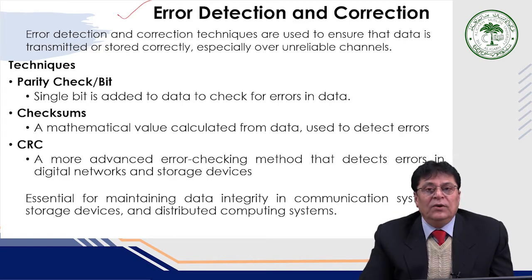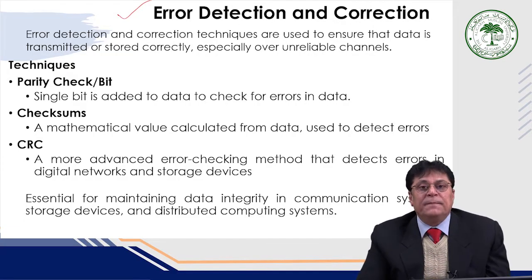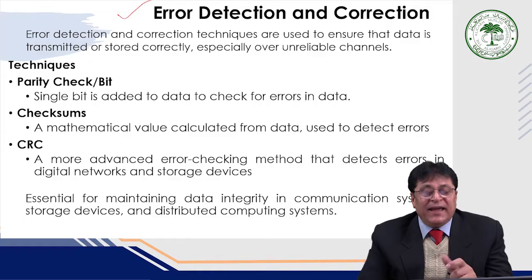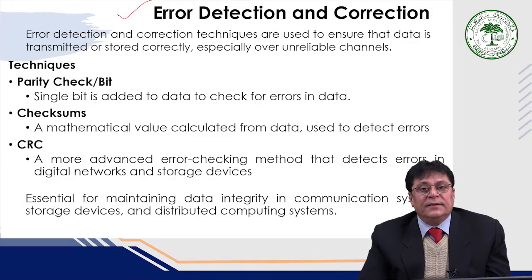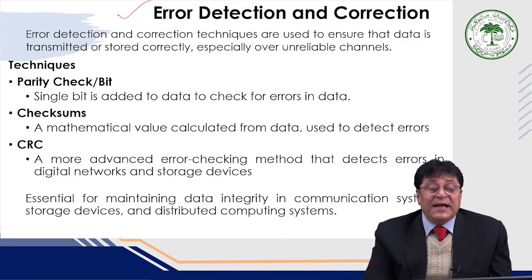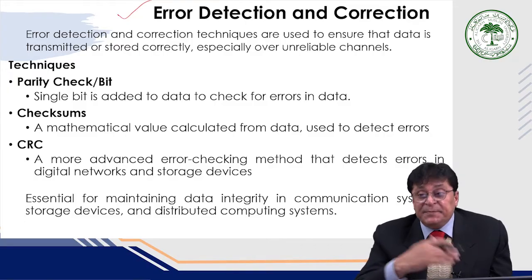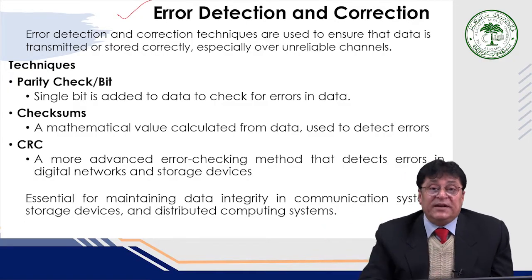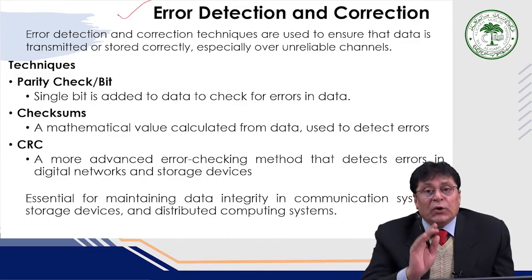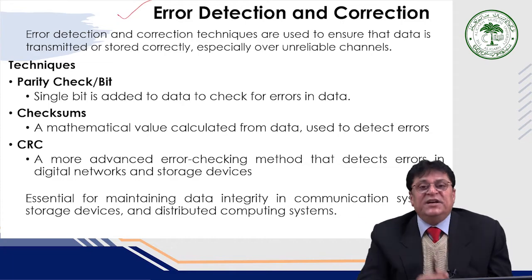So, it is important that when the data is stored onto a system, it should not make any error. Also, when data is transmitted or transferred from one place to another, it should remain pure. There should not be any change in it.